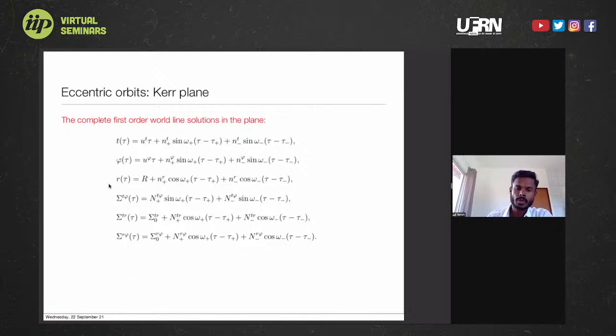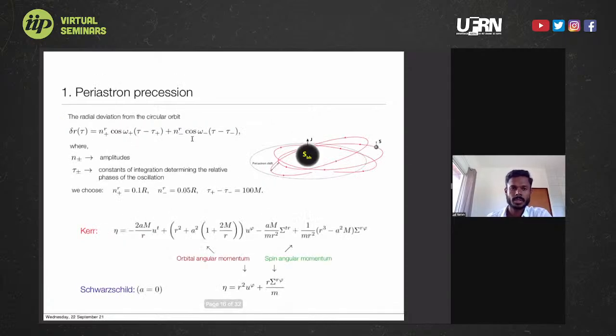Now, the most important and interesting thing here is the radial deviation. Let us consider this radial deviation, especially this deviated part, except this capital R. Let us write down the radial deviation from the circular orbit, where these n's are nothing but amplitudes, as I mentioned, and this tau plus or minus is the constant of integration determining the relative phases of oscillation.